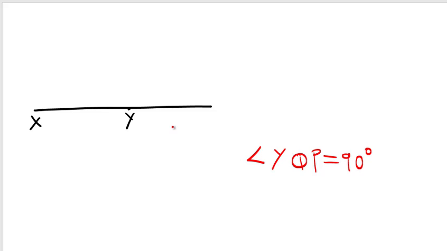So in this case, it means that definitely Q is somewhere here, which you don't know, but it's supposed to be on the right side of the Y.